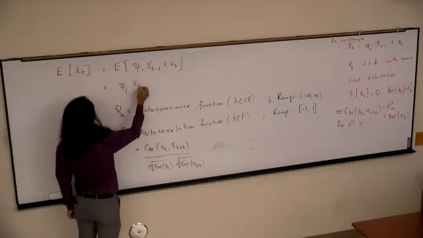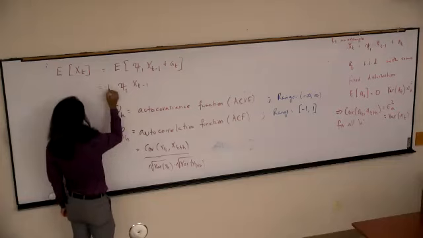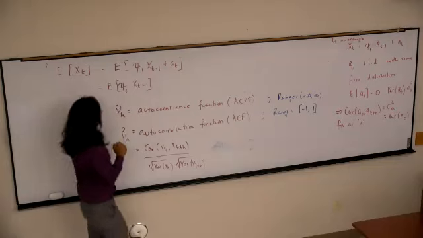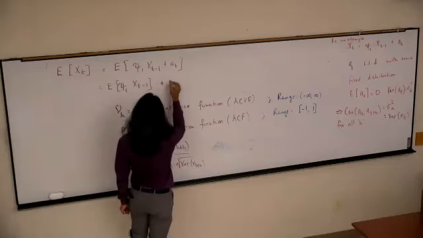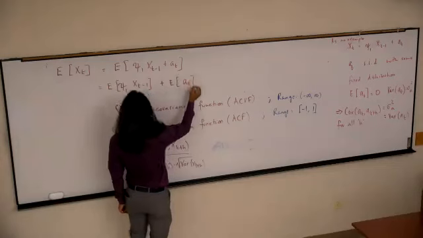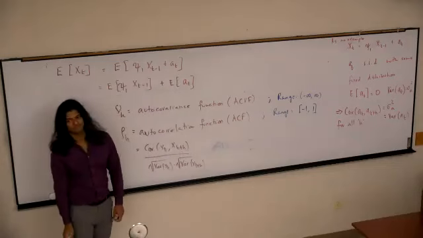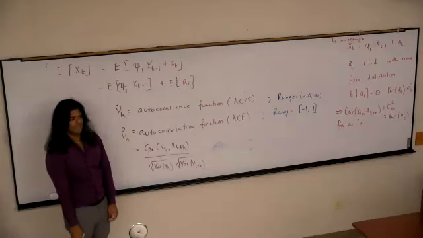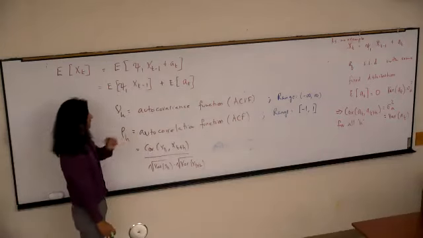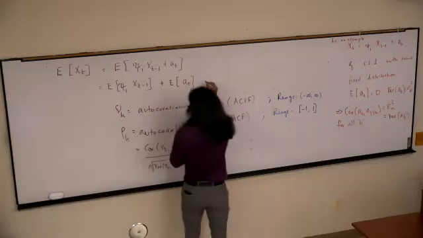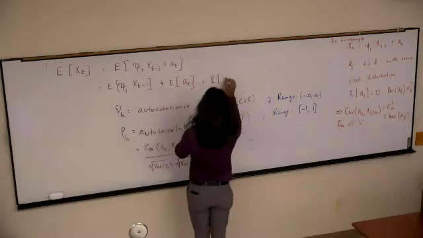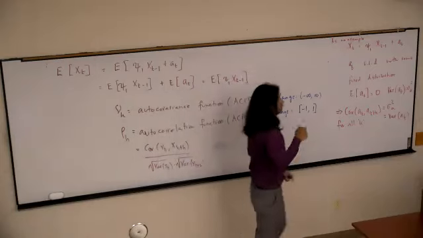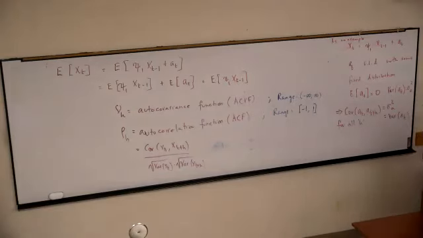psi_1 x_(t-1). Agreed. And then you would have the expectation of a_t. But I know what the expectation of a_t is, correct? That is simply 0. The bigger question now is what is the expectation of psi_1 x_(t-1)?